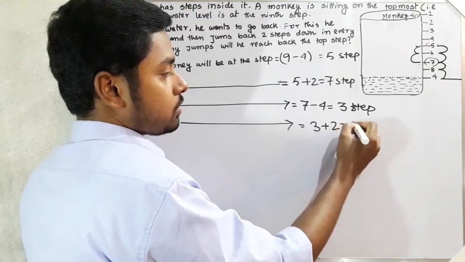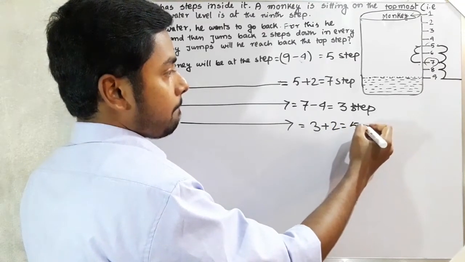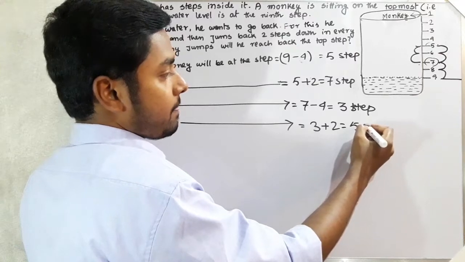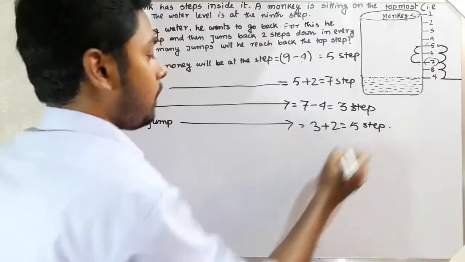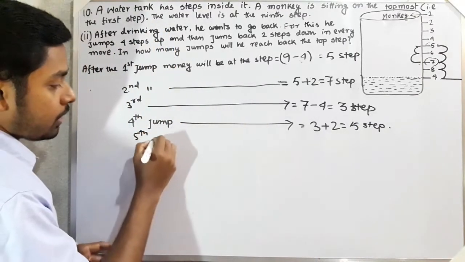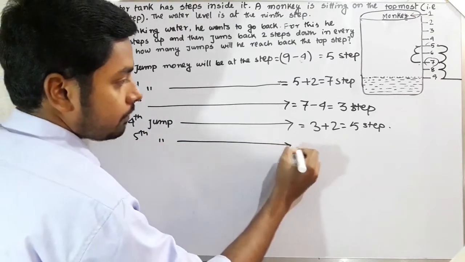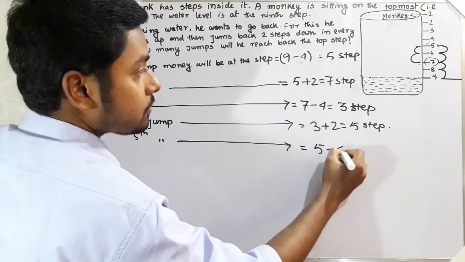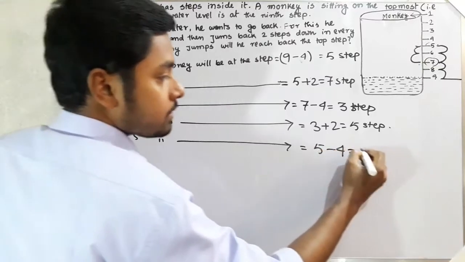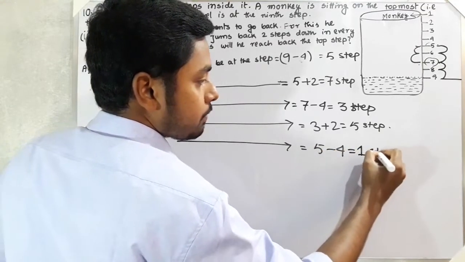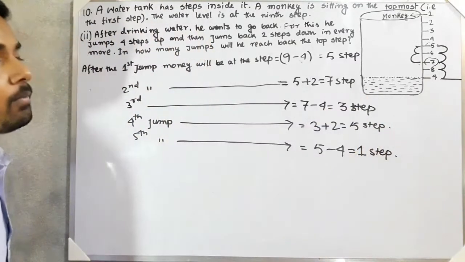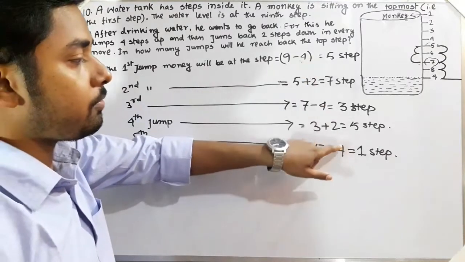That means 3 plus 2, the 5th step. Then the 5th jump, again 5 minus 4, that means the first step.